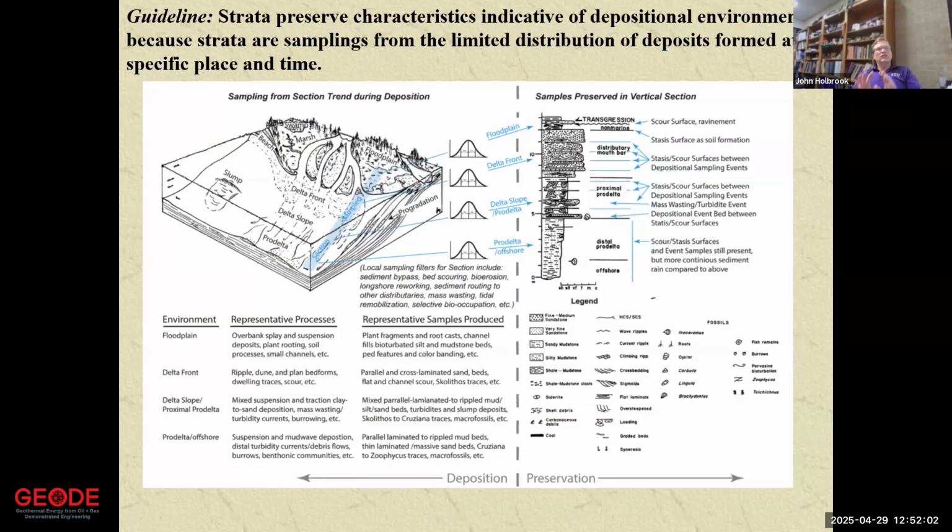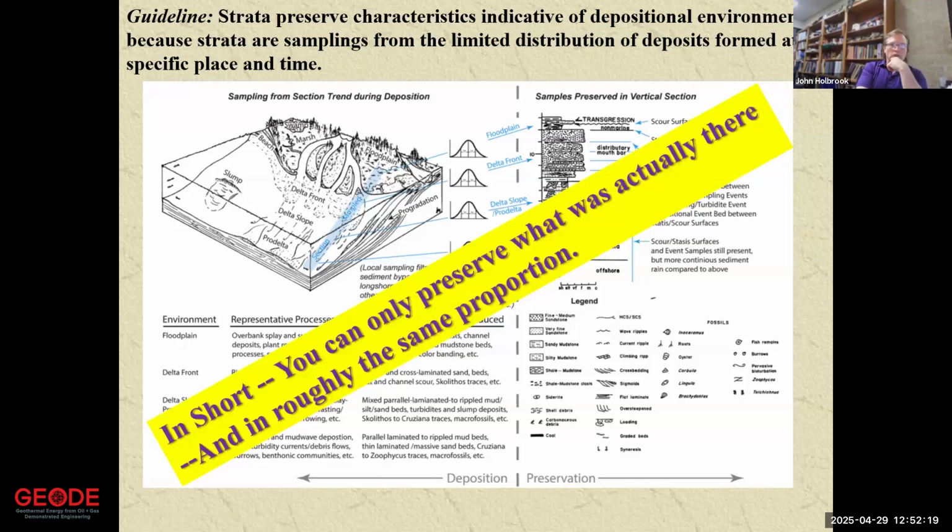Okay, so here are some guidelines we can work with in terms of interpreting the sedimentary rock record. First off, strata preserve the characteristics indicative of the depositional environments, because that's all they can sample. In short, you can only preserve statistical samples of things that were actually happening there.